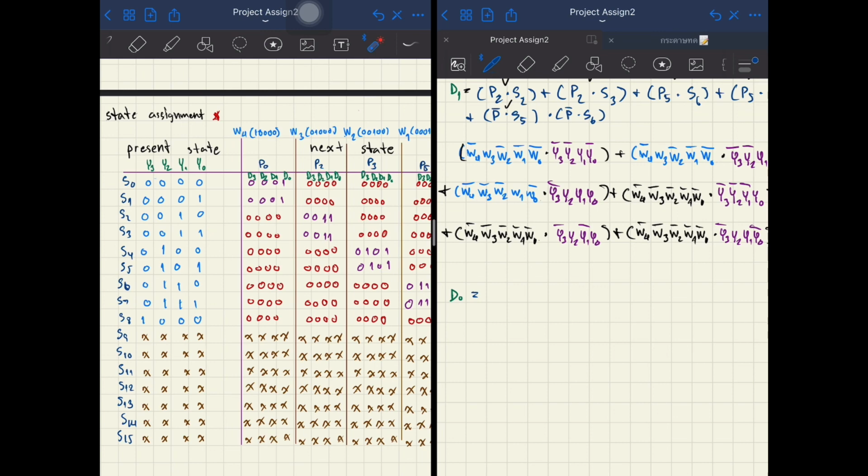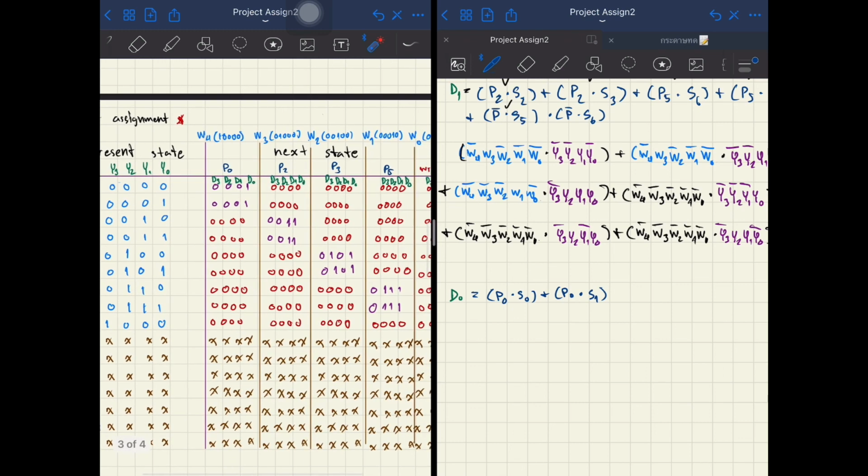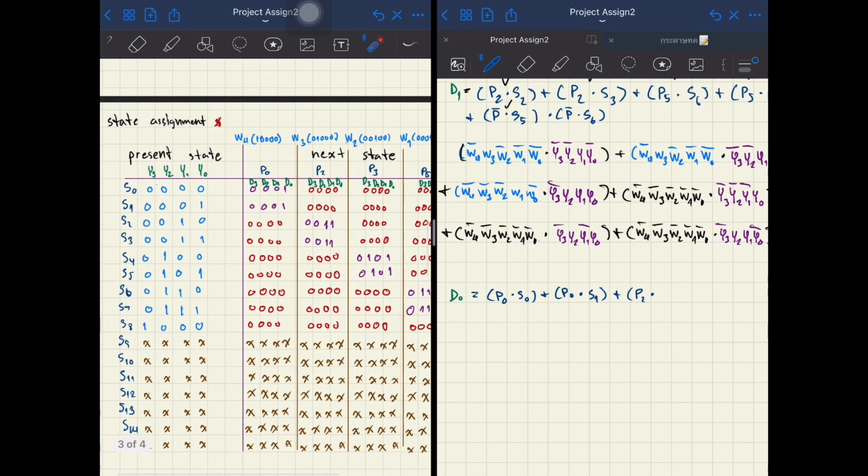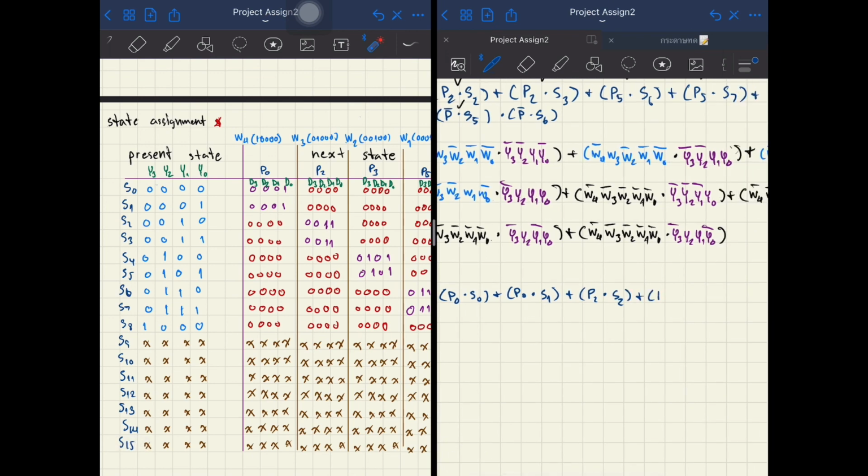So it is P0 and with state 0. Next, or with P0 and with S1. Next is or with P2, press 2 and with state 2. Then or with P2 again, but and with state 3.